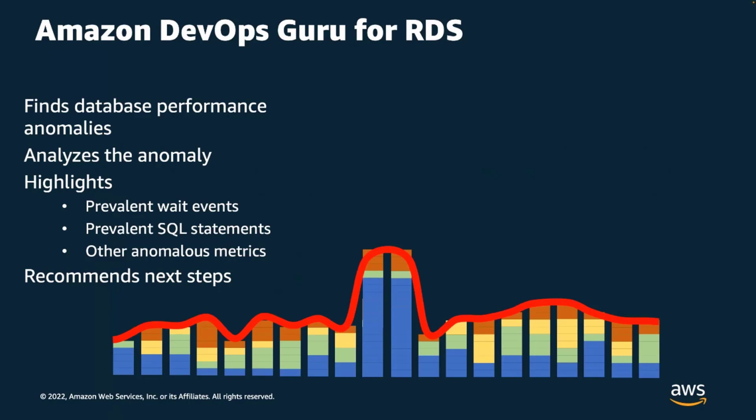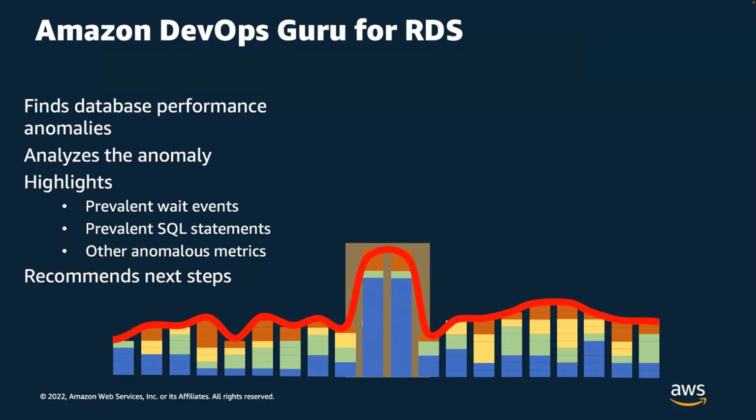Let's jump right in and take a look at what this new capability can do. So DevOps Guru for RDS uses machine learning and anomaly detection to look for unusual and problematic performance events in your databases. When it finds one, it performs analysis on the anomaly to determine what kinds of conditions are contributing to it.